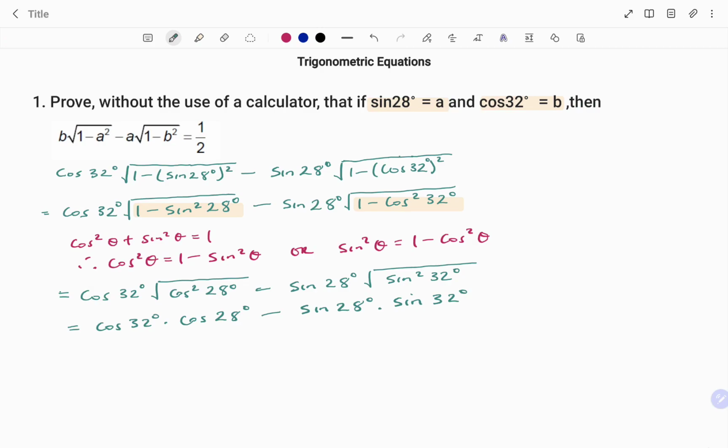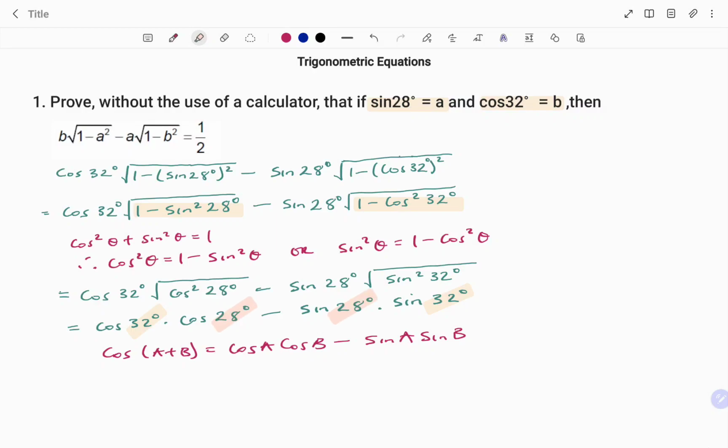From your trig identities and compound angles, I have cos A plus B is equal to cos A cos B minus sine A sine B. In this case, my A will be 32 as shown, and my B will be 28 degrees.